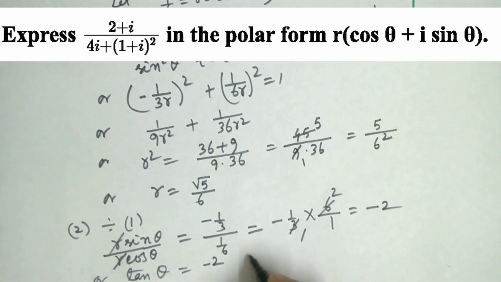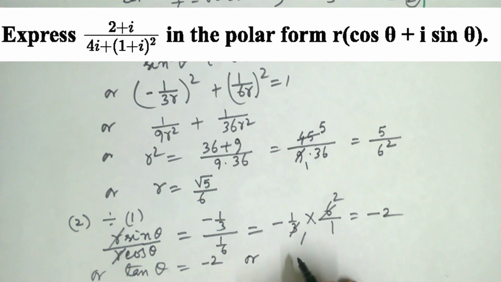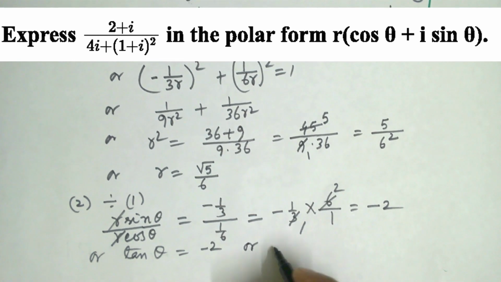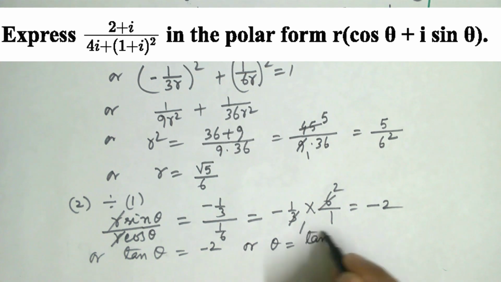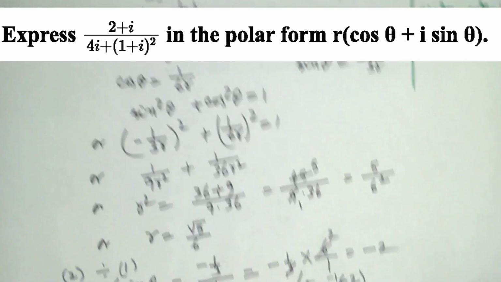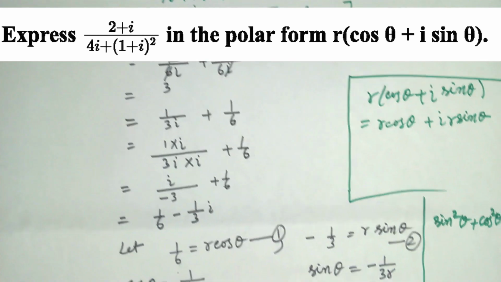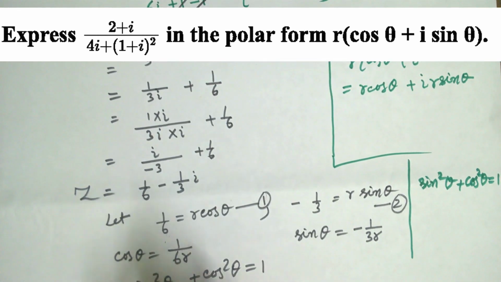Hence θ is equal to tan inverse of minus 2. See, this was z.